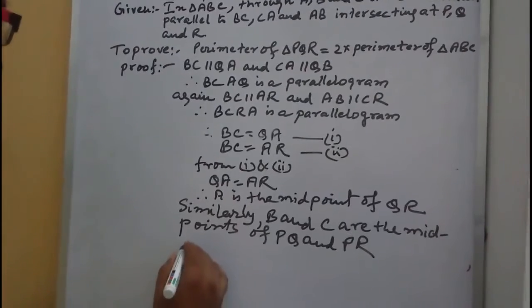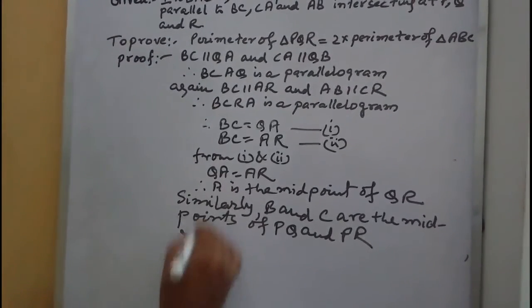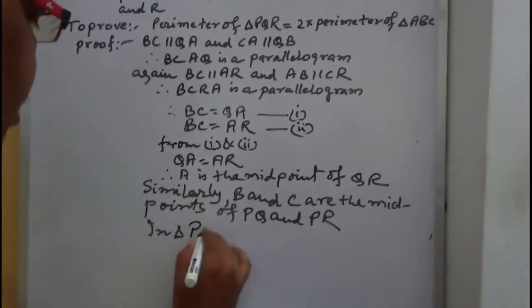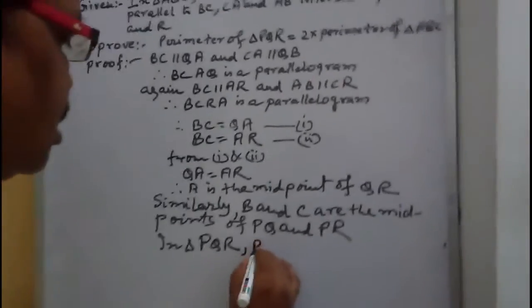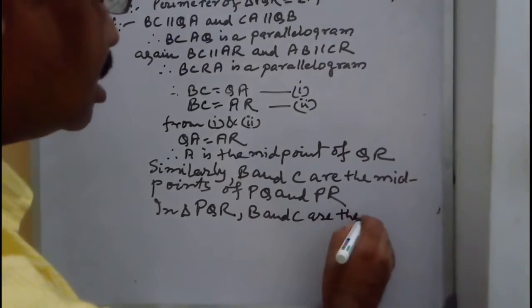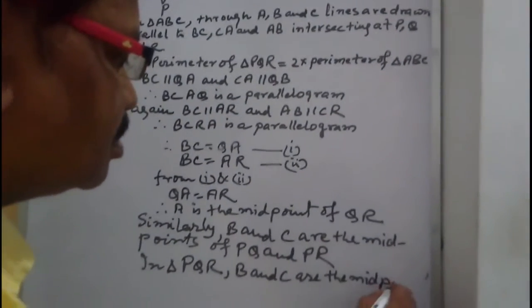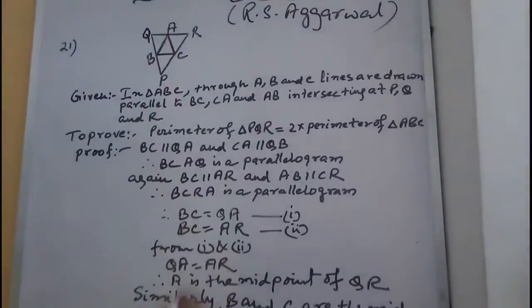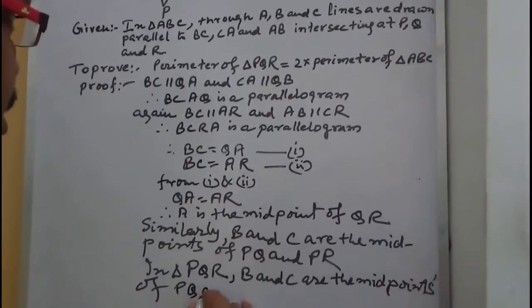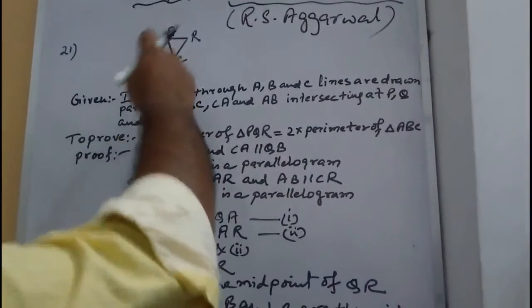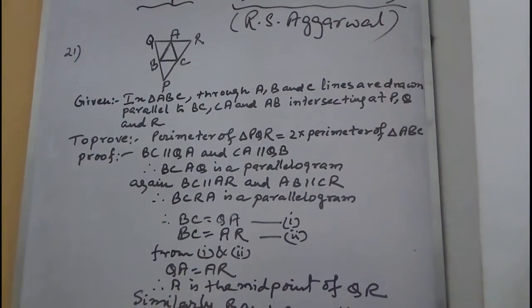So, in triangle PQR, B and C are midpoints of PQ and PR. These two points become midpoints of these two sides, PQ and PR.